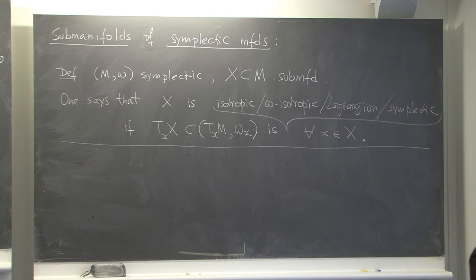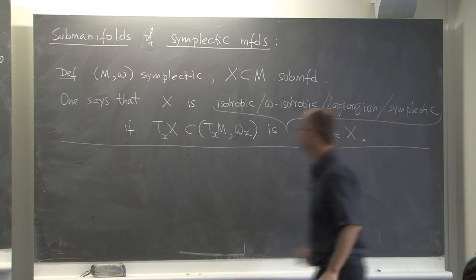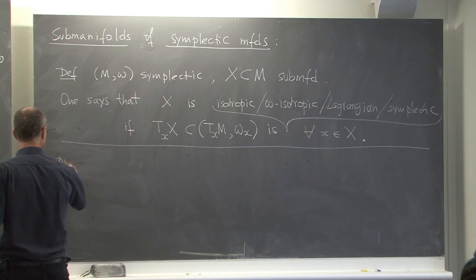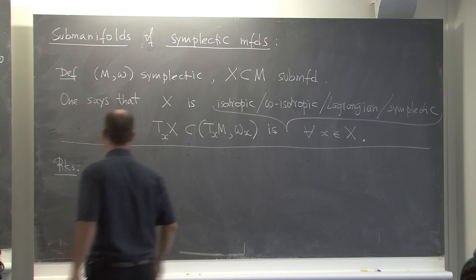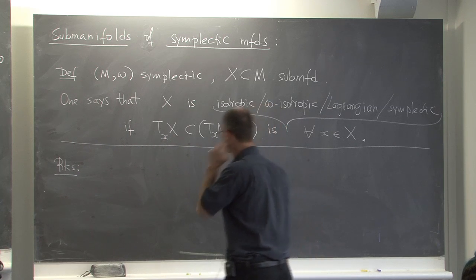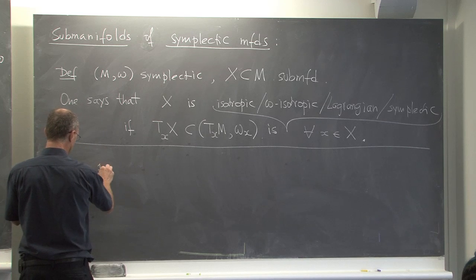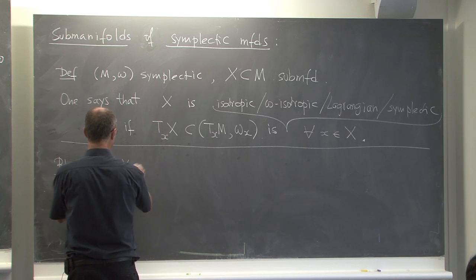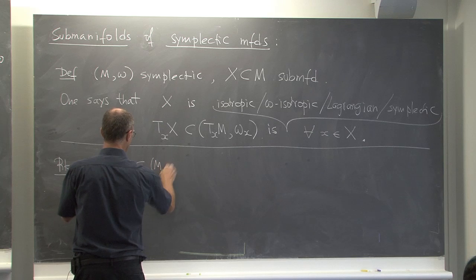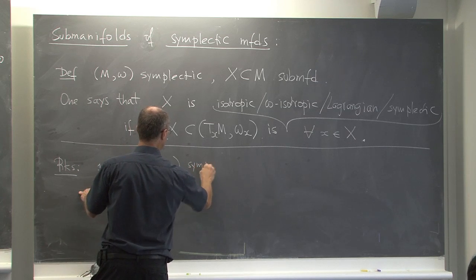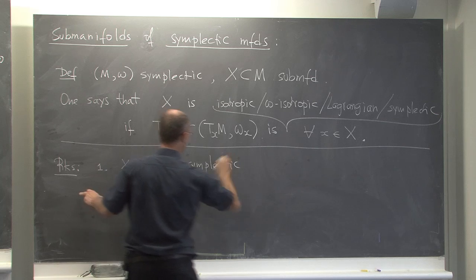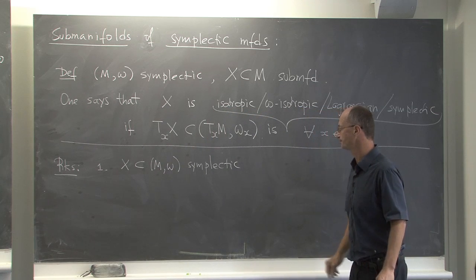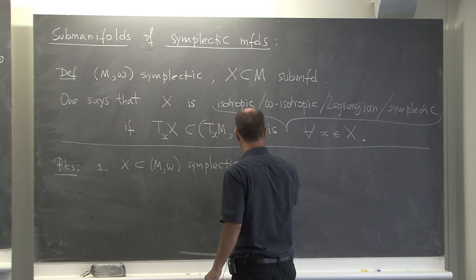Perhaps just some simple remarks about it. Maybe remark number one: if X in (M, omega) is symplectic, so this means what?